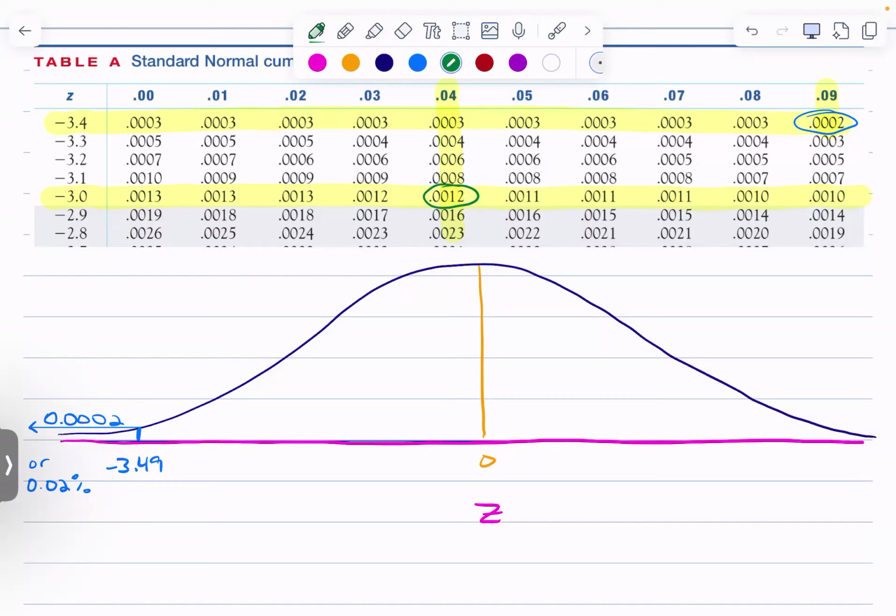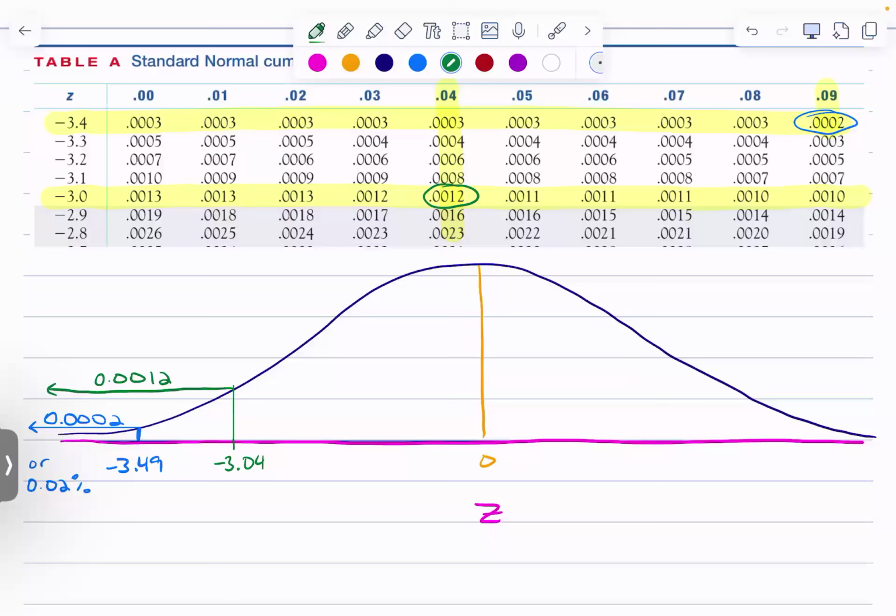If I have a Z of negative 3.04, then this table tells me that the area to the left of that is 0.0012. Still really small. Probably shouldn't have put it so close to the middle. But anyways, it's just for visualizing these things.